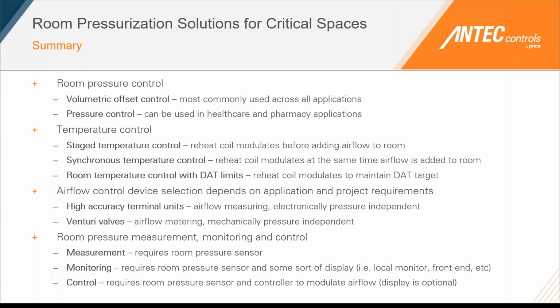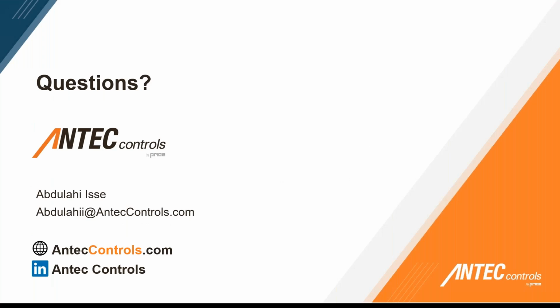And then lastly, we have room pressure control. This is where we're utilizing a room pressure sensor in conjunction with a controller to modulate the airflow to maintain that constant room pressure set point. In these applications, a display is optional if you'd like to use it. With that, that's everything to cover for this webinar.